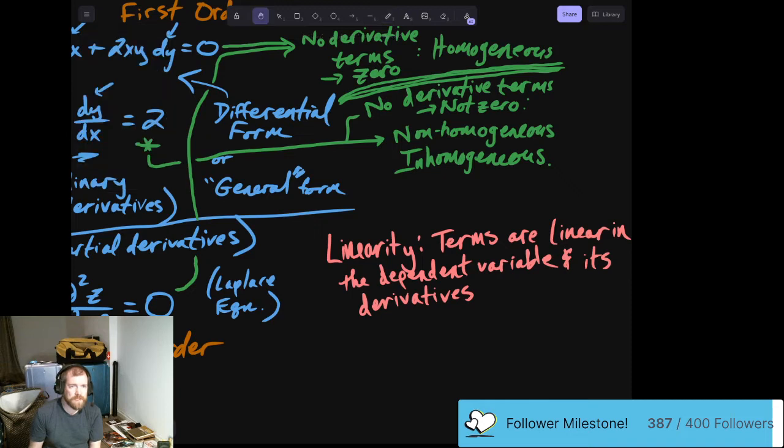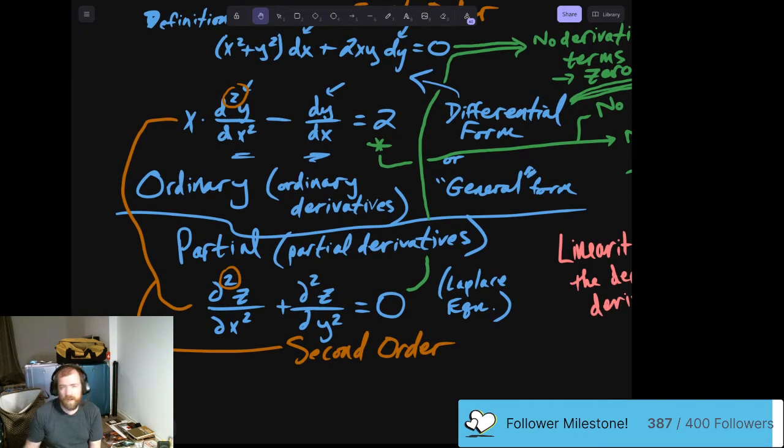So in the previous examples here, our top one is going to be nonlinear.